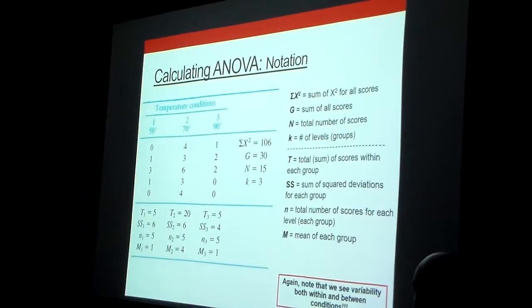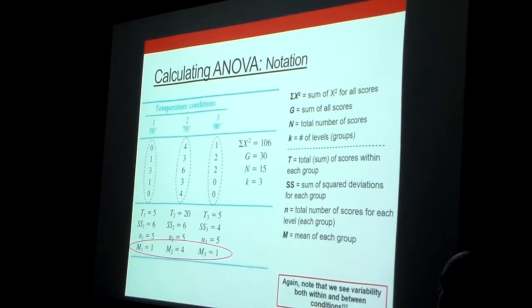So, also, again, note in this example, you see variability within and between conditions. Lauren, where's our between group variance? Where do we see between group variance here? Yeah, right here. Angela, where do we see within group variance? Right, here we go. Are all these scores the same within each condition? Nope. And so what does that tell us about each one of these conditions?